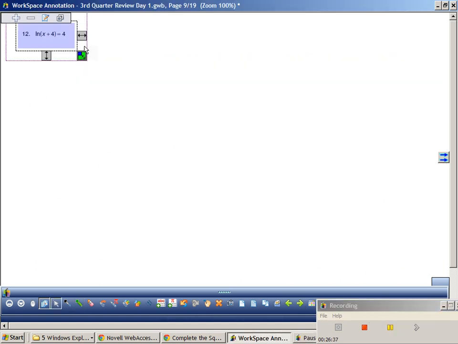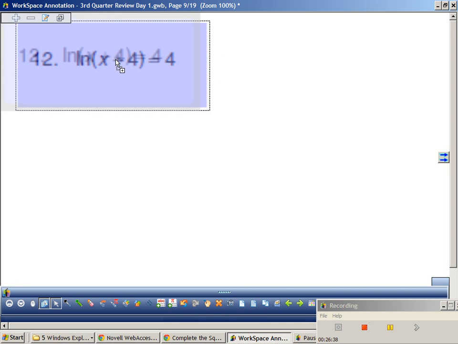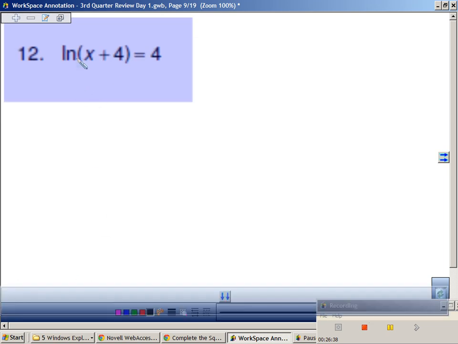All right, let's do 12 on the blue. Can you do anything else with this in the form that it's in right now? You can't manipulate it in any other way, right? So what should I do with it? Put it into another form. What form would that be? Exponential form, right?